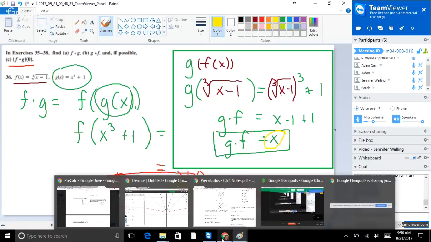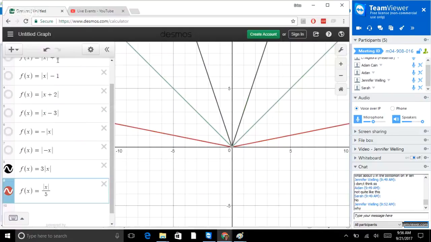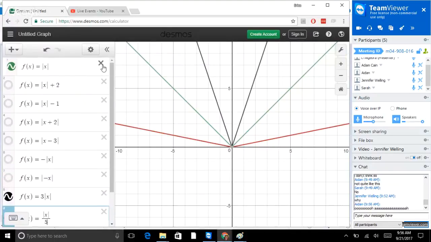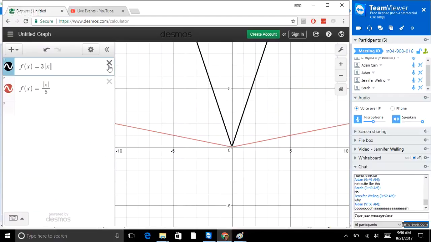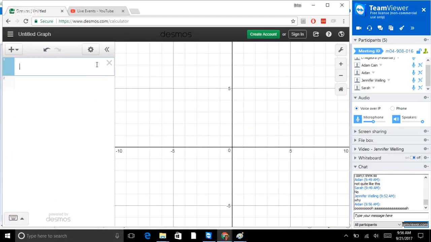And if I pull up Desmos really quick and clear everything off and type these two original functions in there, you'll actually visually get to see what two inverse functions look like. So you can use composition to figure out if we have inverse functions. So let me just type this in really fast and then we will be on our way.